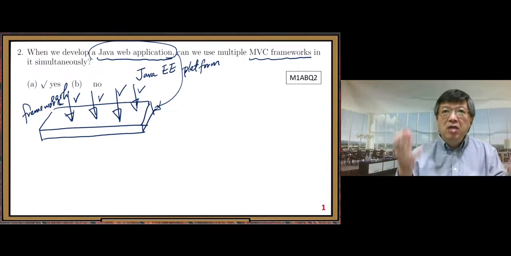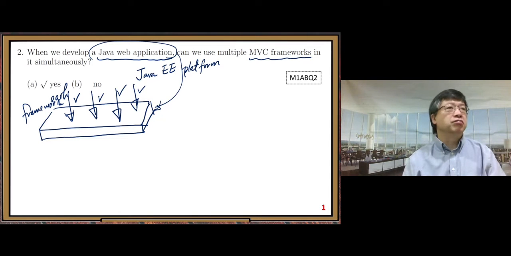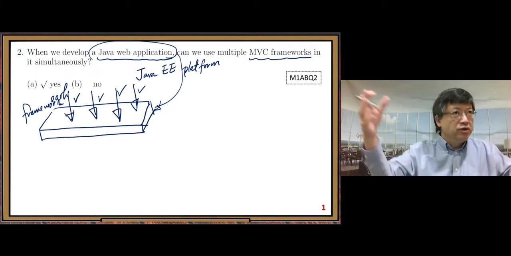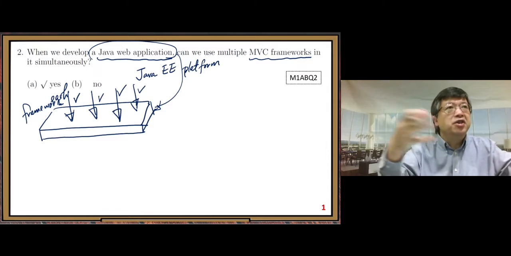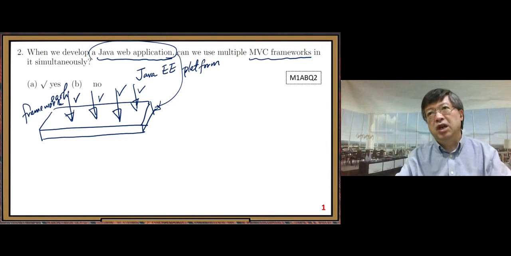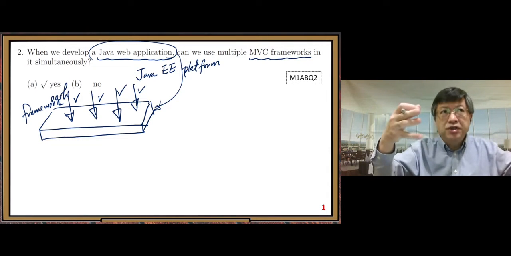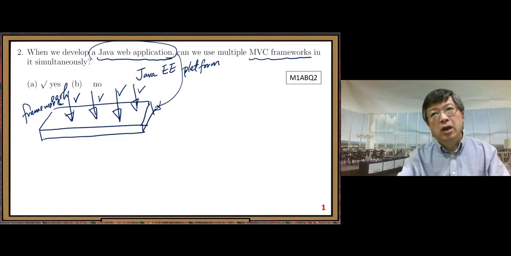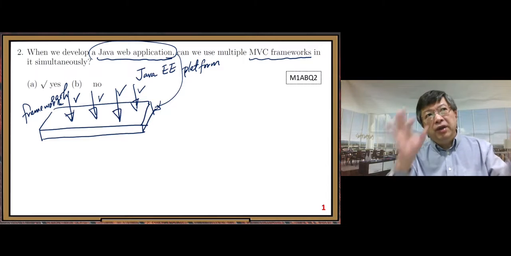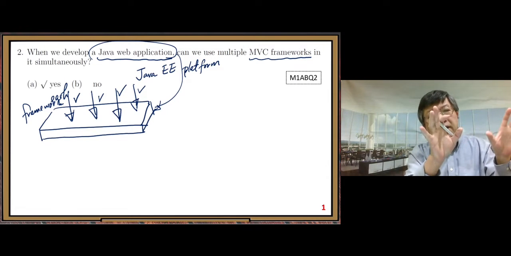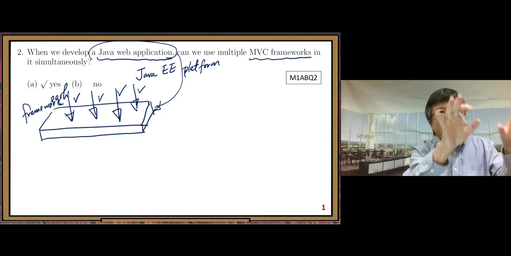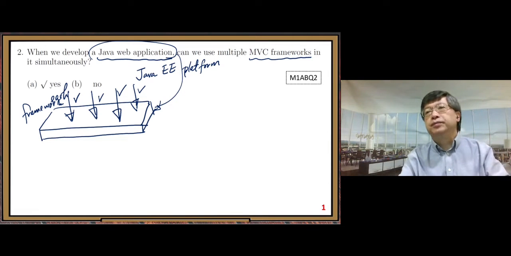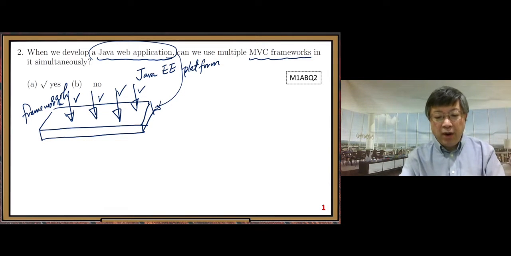They adopt the same underlying fundamental features, so those different frameworks can communicate easily, and they use the same interfaces to do the communication. So you don't need to worry about how different frameworks work together in the Java EE platform. That's one part of it.